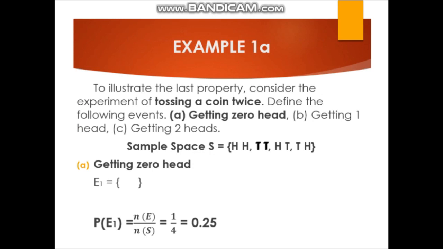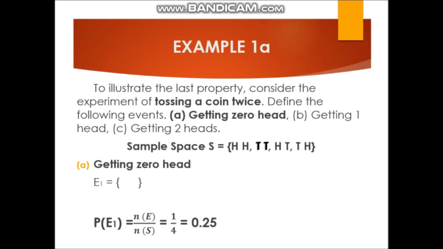So we have here, to illustrate the last property, consider the experiment of tossing a coin twice. Define the following events. So we have A, getting 0 head, B, getting 1 head, and letter C, getting 2 heads.